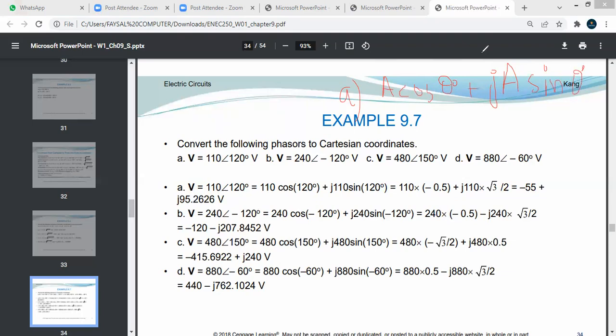What is the value of A for my first part? It is 110. So it will be 110 cos 120 plus j 110 sin 120.